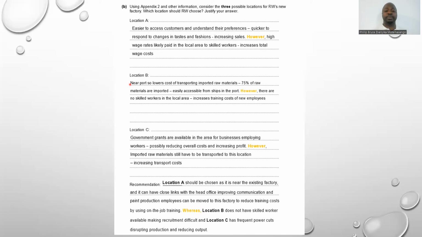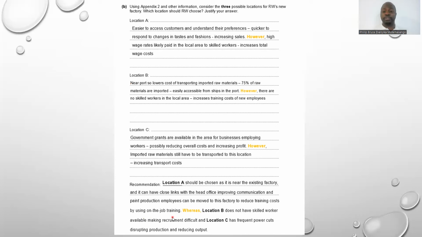So if you are in support of location A, go on to put a positive point for that location and negative points for location B and location C. So you may go on to say it should be chosen as it is near the existing factory and it can have close links with the head office, improving communication and paint production. Employees can be moved to this factory to reduce training costs by using on-the-job training.